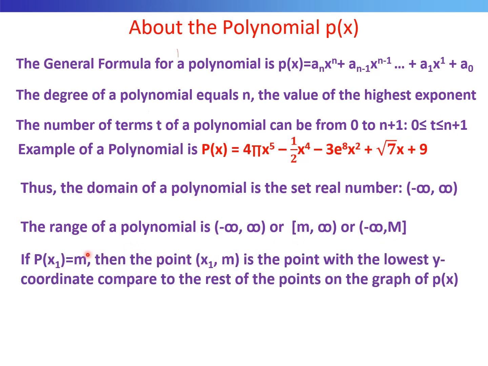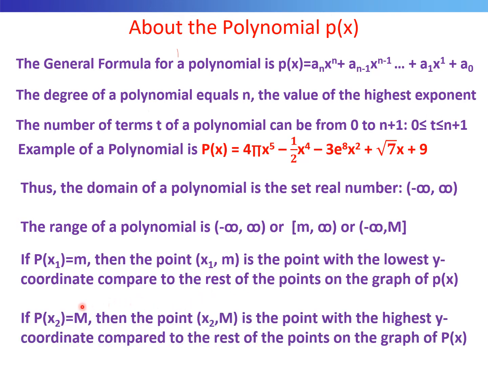Let's suppose that we have a value that we're going to evaluate the polynomial at, and that value is equal to x1. So p of x1 equals m, which is this m we're going to be discussing. If p of x1 equals m, then the point x1 comma m, where the y coordinate is m, is the point with the lowest y coordinate compared to the rest of the points on the graph of the polynomial p of x.